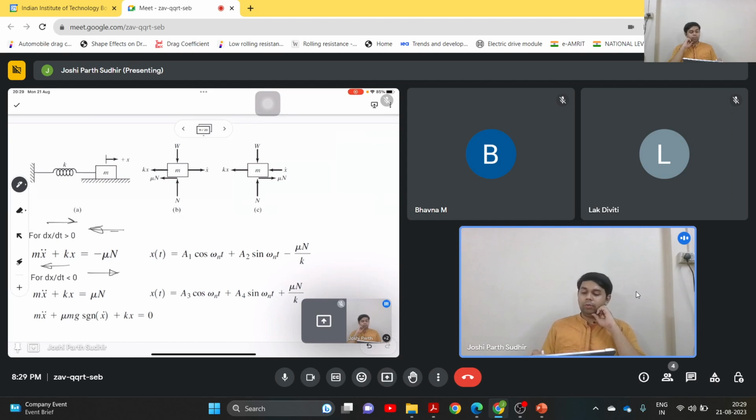So we will have two parts of the oscillation. For the first half cycle, we can write down the solution in this form, whereas for the second part, we can write down the solution in this form.